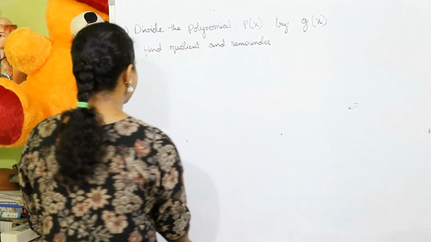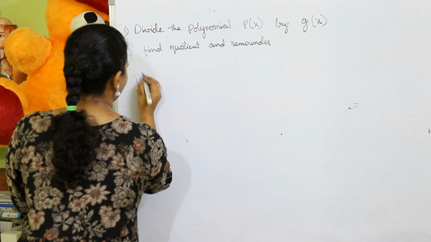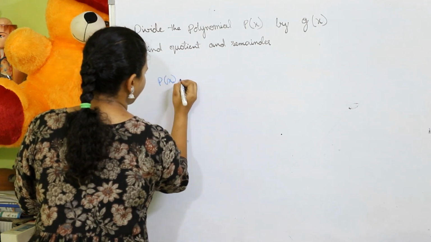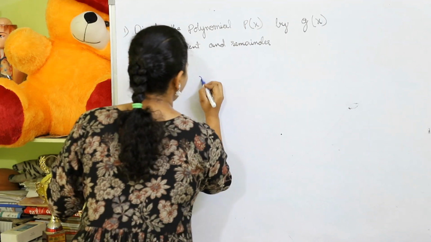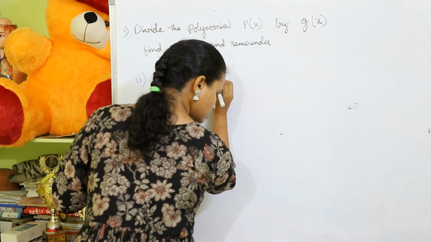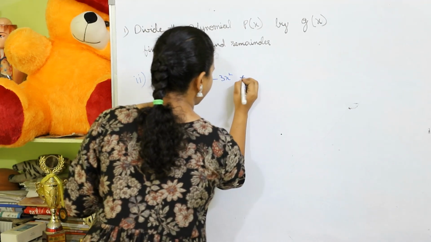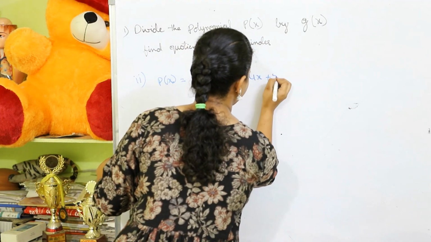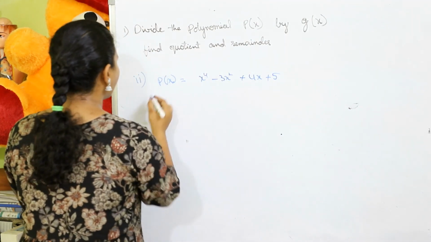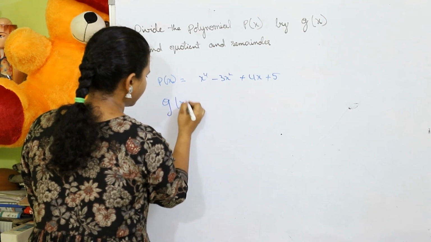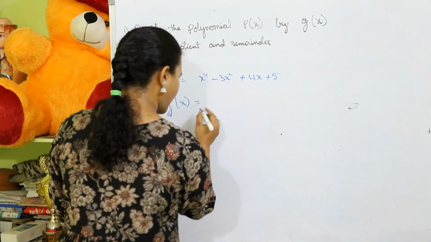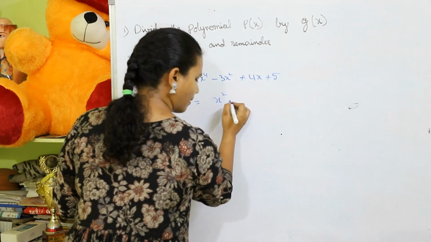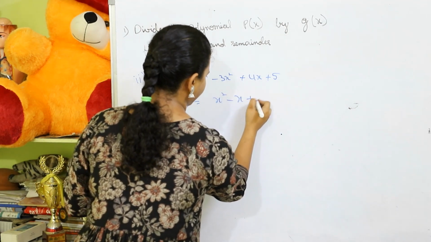Now let me go for the second question, where p of x equals x power 4 minus 3x square plus 4x plus 5. And what is g of x? g of x equals x square minus x plus 1.